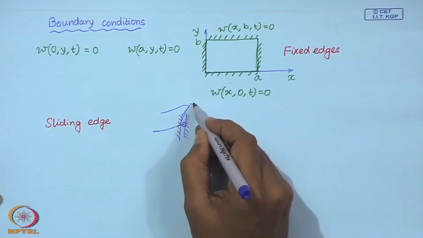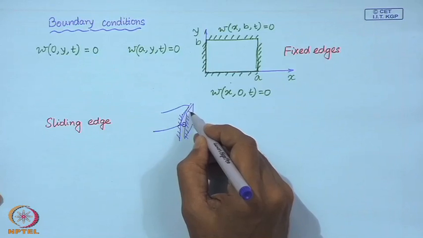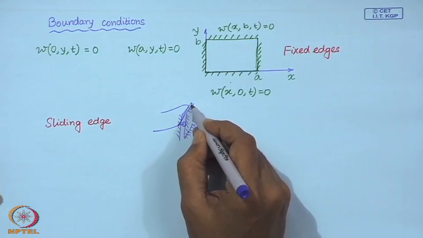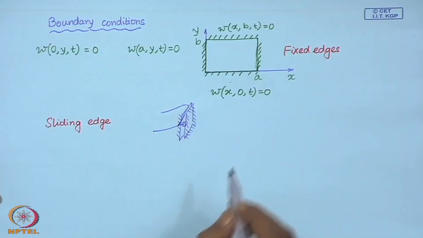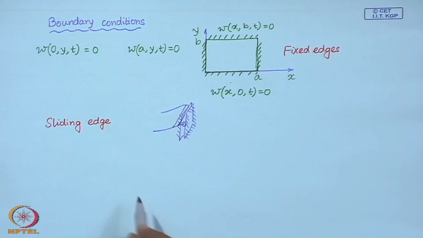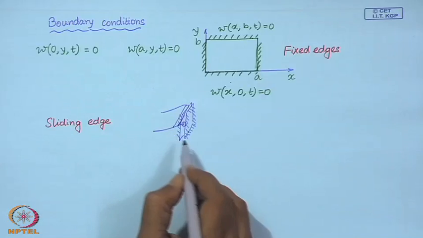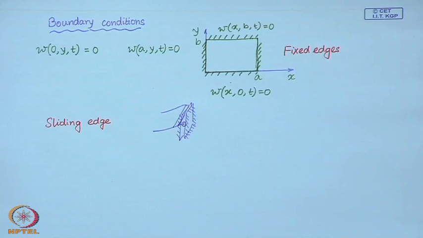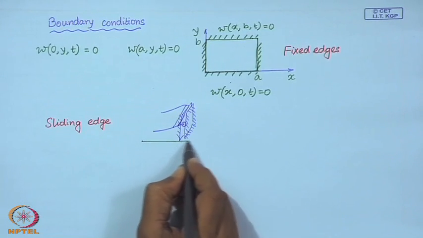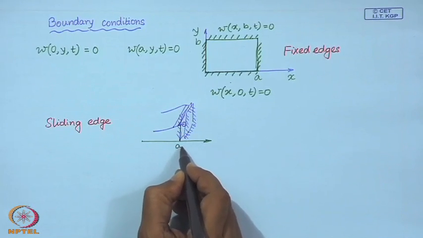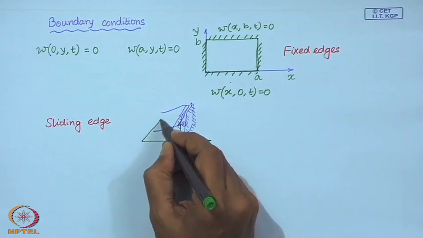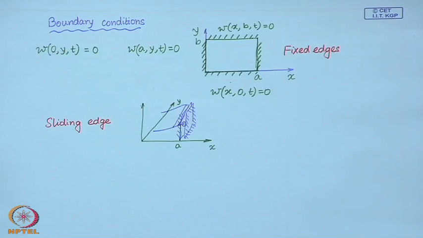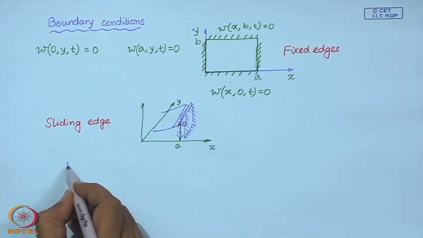So, if you have an edge of a membrane which can slide, in that case the condition at this boundary, let us say at x equal to a, is very similar to that of the string.